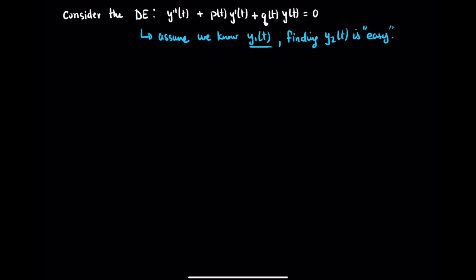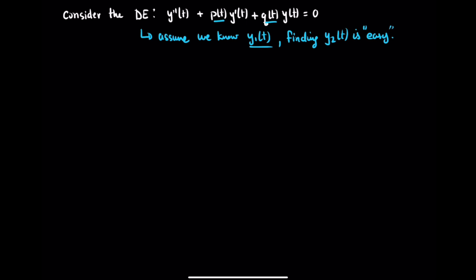If this differential equation does not have constant coefficients, it's going to be very hard to solve. So if we already have one solution to the differential equation, then we can find the other solution relatively easily.